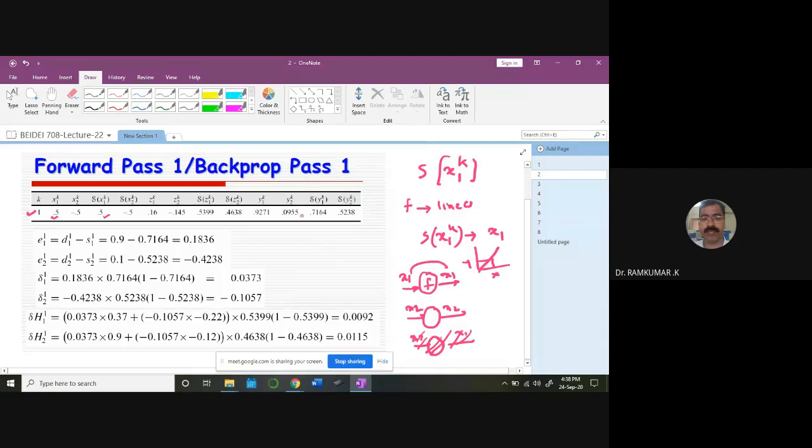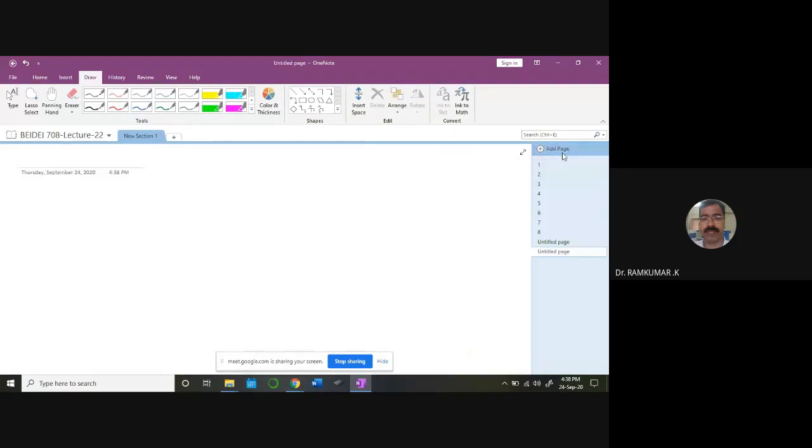Now see, this is S of x1k. For x2k also the same value will be taken. But in order to compute z1k, what do you do? Tell me, Pavani, in order to get z1k, what do you do? What is the formula for zhk?